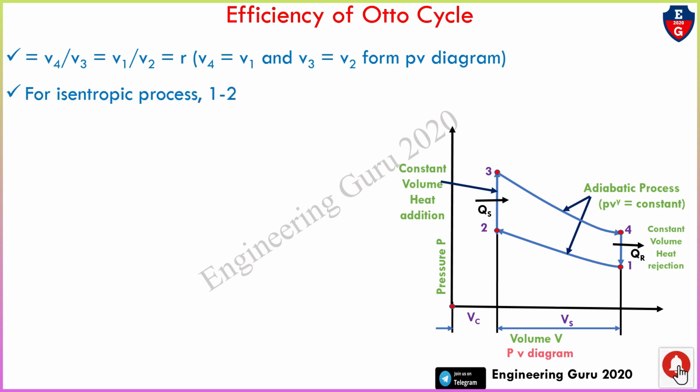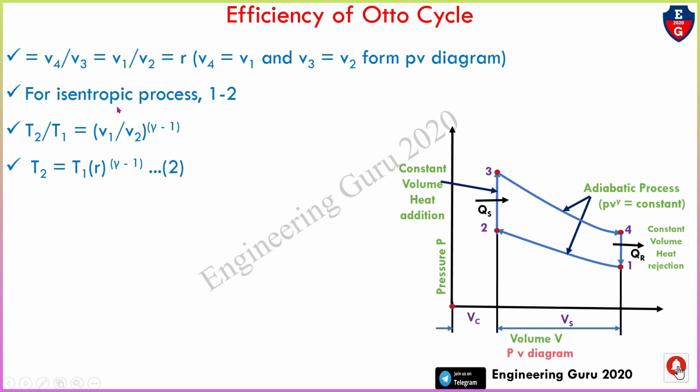For isentropic process 1-2, T2 divided by T1 equals (V1 divided by V2) raised to gamma minus 1. So we can write T2 equals T1 r raised to gamma minus 1. This is equation number 2.